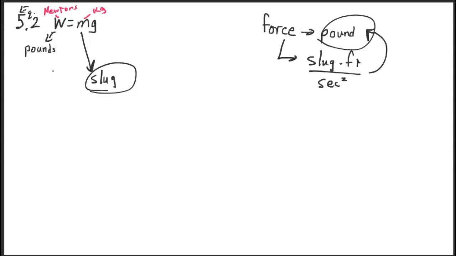Okay? Now, if you go back to the inside of the back cover, you will see under force, you'll see the units newton, dynes, and lbs for pounds. Under mass, you will see slug, kilograms, or the base unit gram. And so that can help you remember.